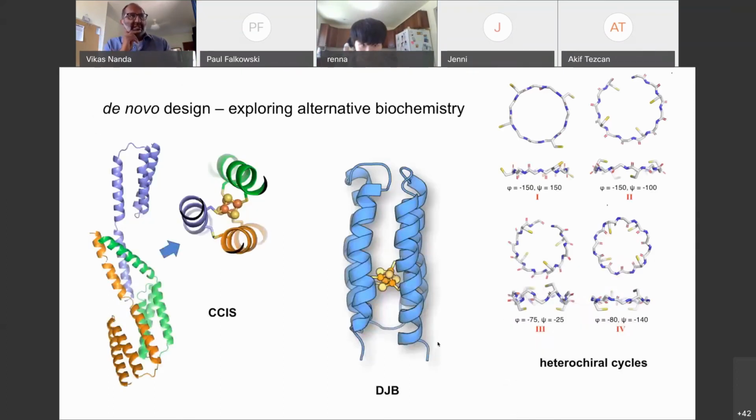Some work that will also be discussed tomorrow, so I'm not going to go into too much detail, is that in addition to thinking about proteins that we see on Earth and inferring their ancestry from analyzing their structure, we're also using the tools of protein engineering to make novel folds that have no natural counterpart, to see whether or not they can bind metals that are critical for electron transfer and for catalysis, and then whether they function as electron carriers, function as catalysts, and so forth.